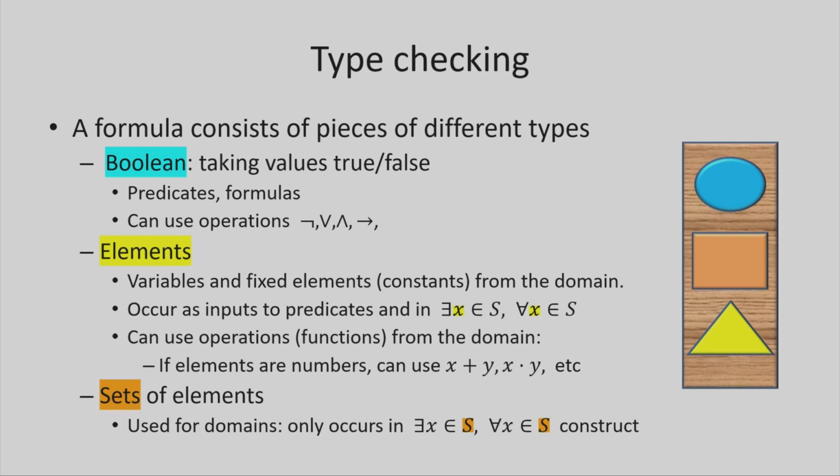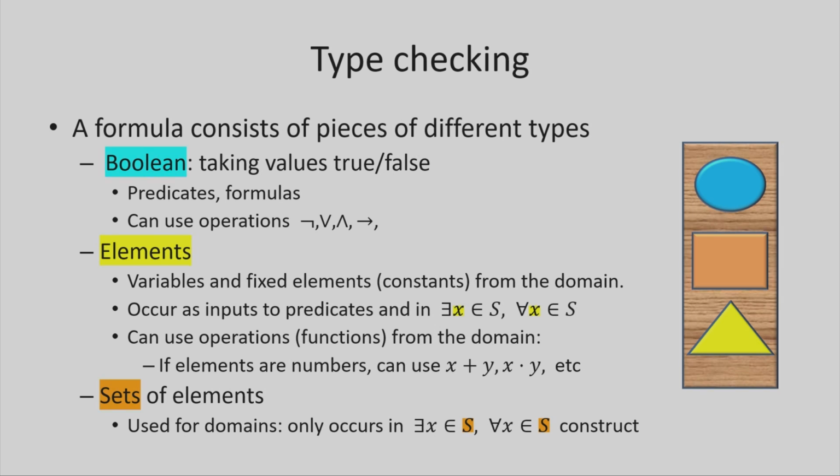Finally, there is one more type which is least prominent in predicate logic formulas. It occurs only in one place, in quantifiers. And this is the type of set or domain. So you only see it in the construction exists element in a set or for all elements in a set.